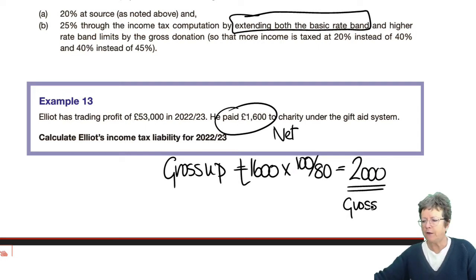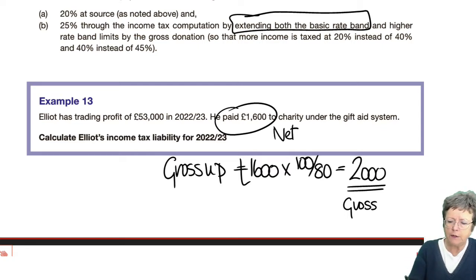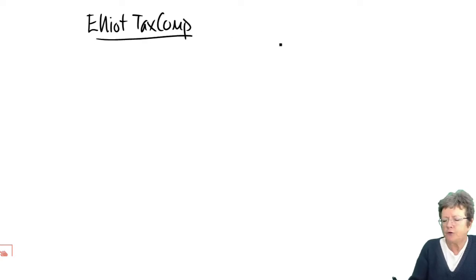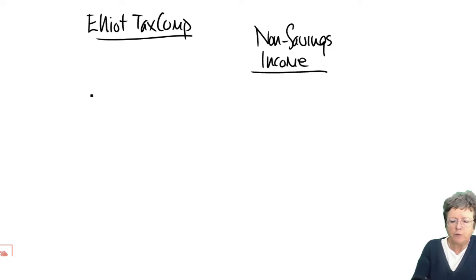Okay, so let's write this answer out and see what we come up with. Are you ready? Pens at the ready. So, heading, Elliot's tax comp. Labels across the top. Now, he's only got one form of income, so you could probably get away with just one heading here. Pro forma down the side.